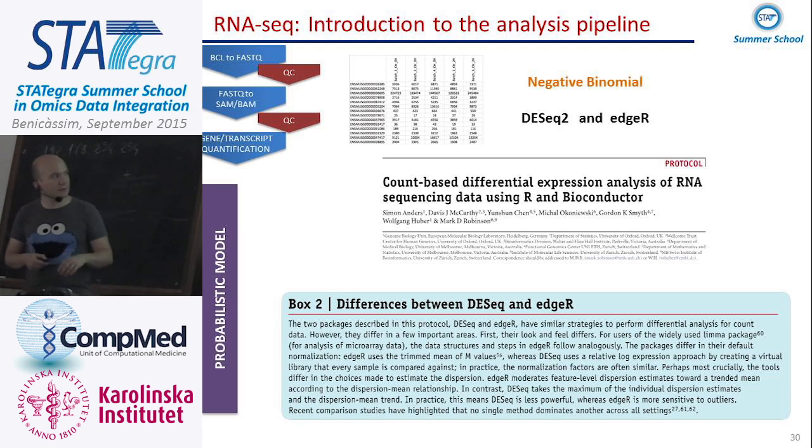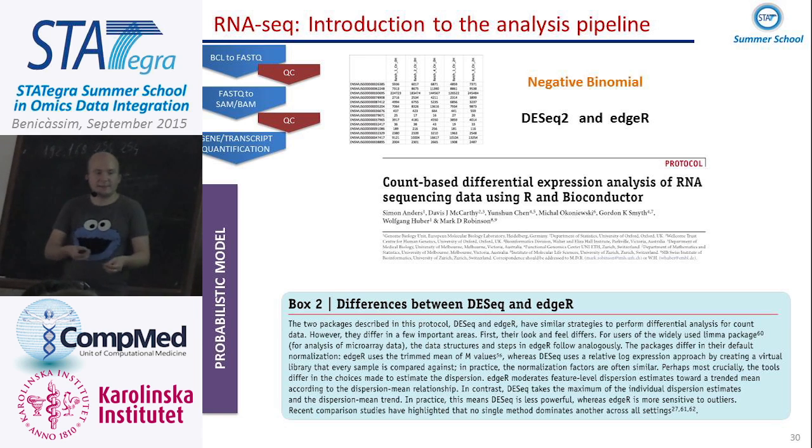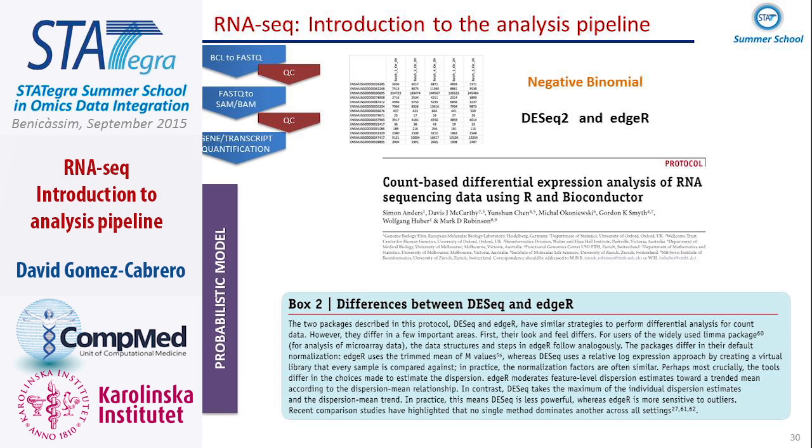I will come to that later. It's a small difference, but very important, and the outcome is that DESeq is more conservative and edgeR is less conservative, because of the way they address the variance and how it's computed. I will stop this part here and come back in a second.